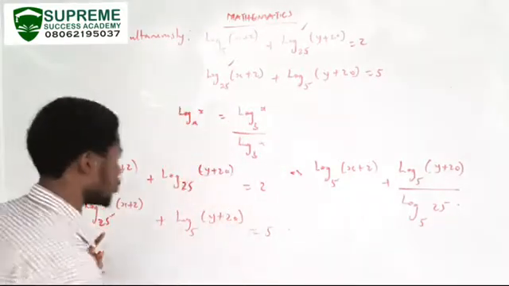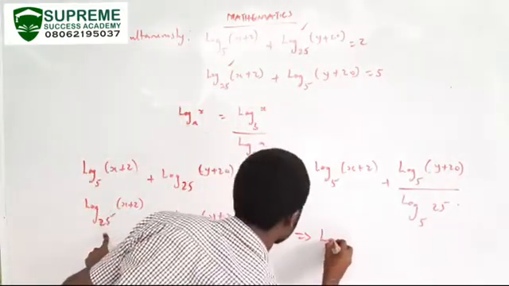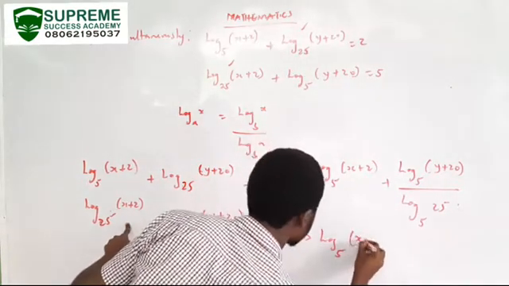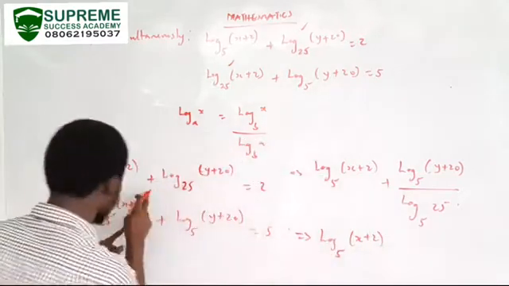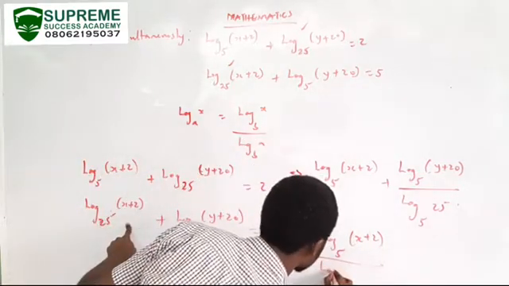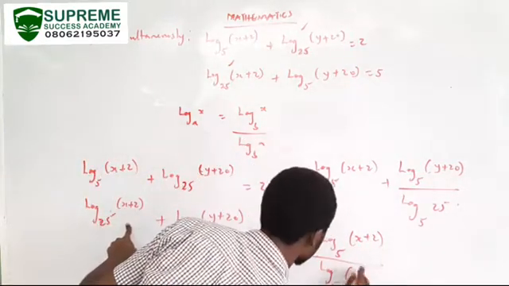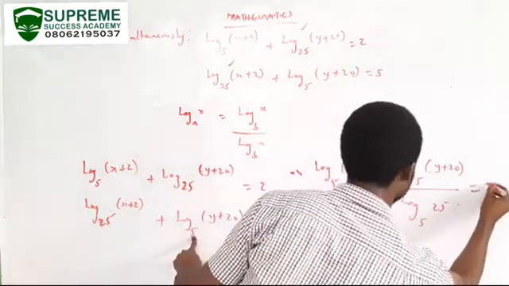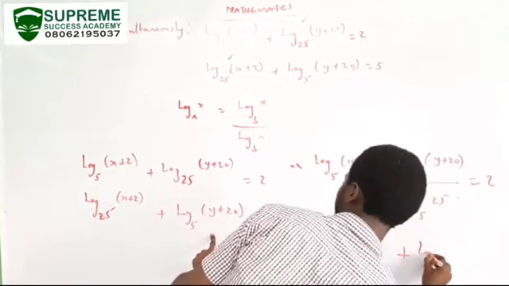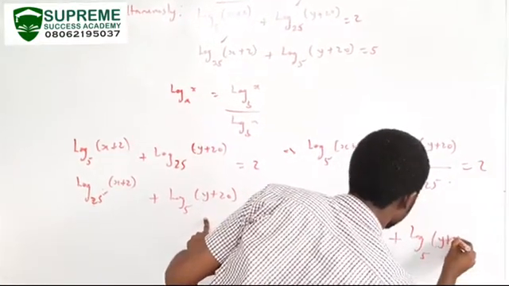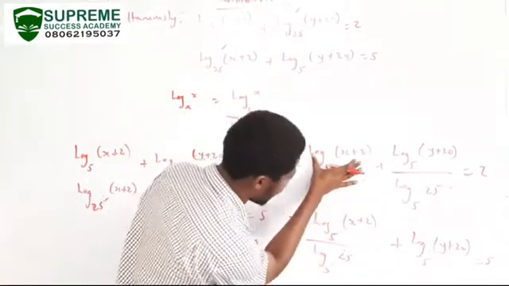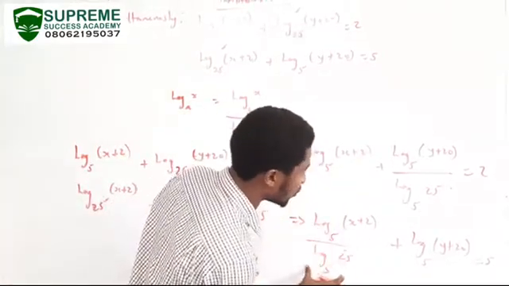So this one also gives us log 5 raised to the power of x plus 2, divided by log 5 raised to the power of 25. Then don't forget this one equals 2. Then log 5 raised to the power y plus 20 equals 5. So now I already have this, so I only need to deal with this and this.